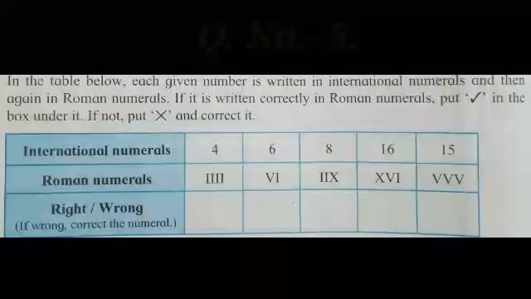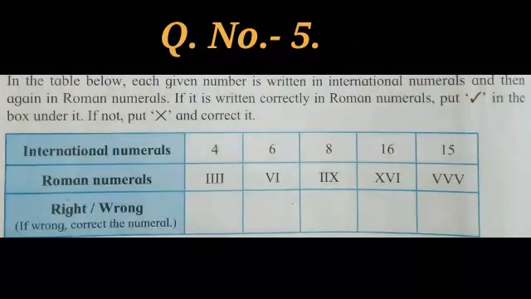Now let's move towards our last question. Here one chart is given, and inside that chart the first 2 columns are for the international number and the Roman numerals. If the pair of both numbers is the same, then we have to put a right tick mark below it.